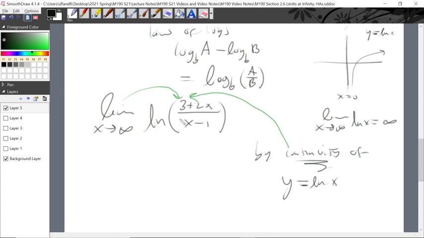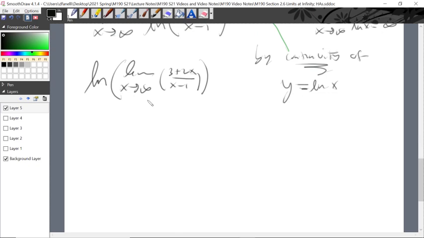When we run the limit on this argument, as long as we get a value greater than 0, then it is continuous, so we're allowed to pass the limit in. That was from the section on continuity prior to this section. So we have the natural log of the limit as x goes to infinity of 3 plus 2x over x minus 1.